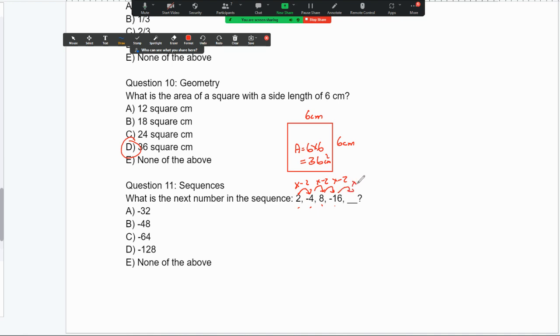If I multiply by minus 2 again, it'll become positive 32, which is not that. It's E, none of the above.